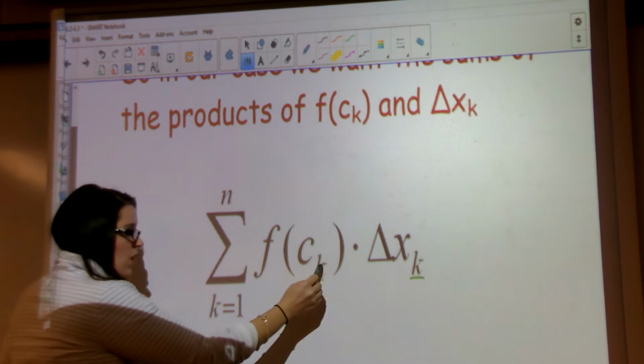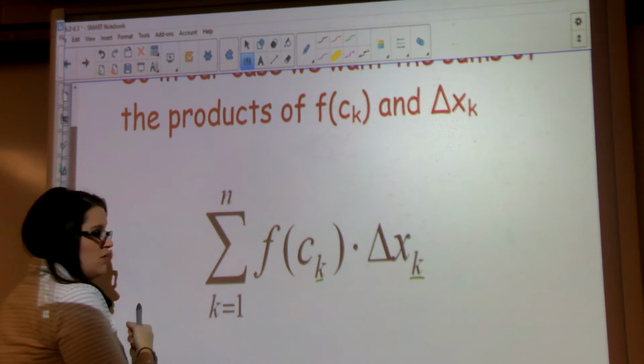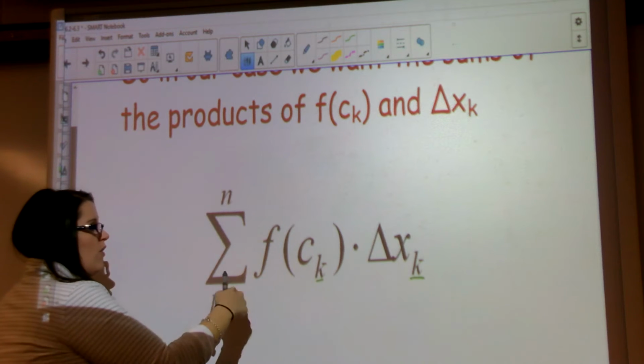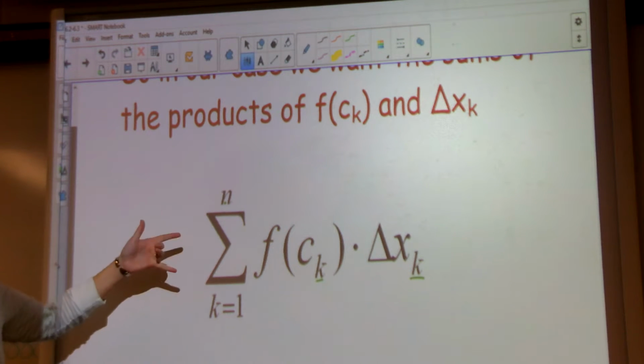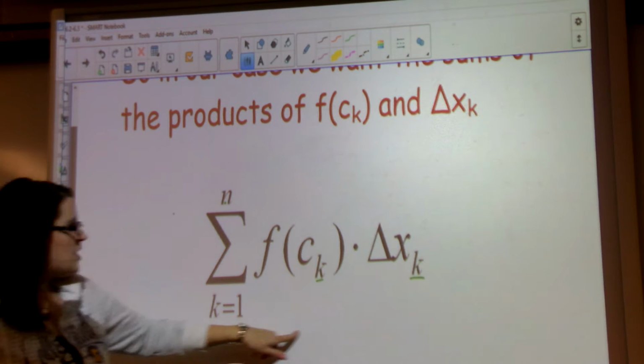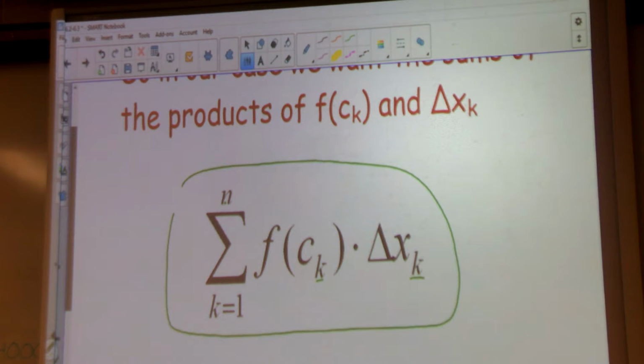I would plug in 1 and get C sub 1, then you'd plug in the next whole number, C sub 2, C sub 3, all the way until you plug in n. Okay? And this means sum. So this Riemann sum right here represents the area under that curve. By the way, when we say area under the curve, we always assume to the x-axis, correct? Enclosed by the curve and the x-axis? Yeah?